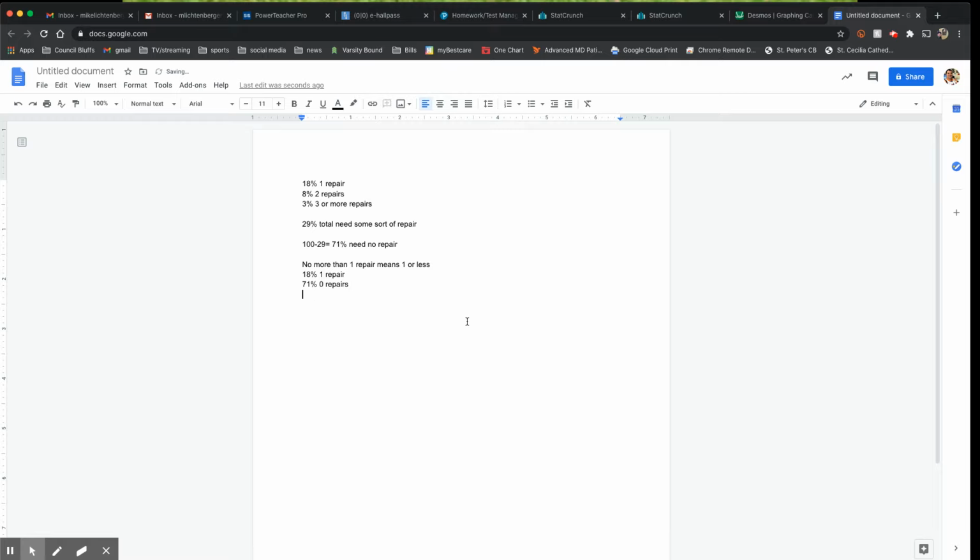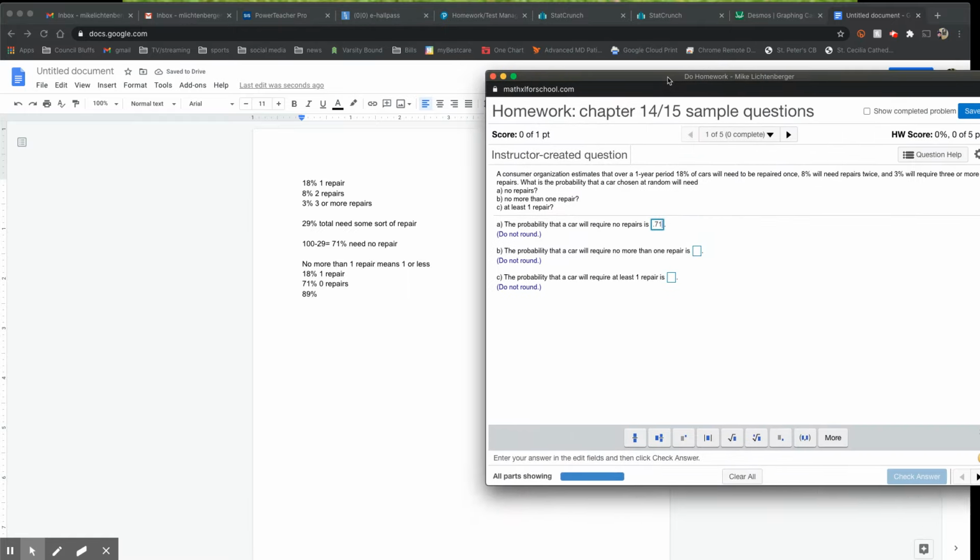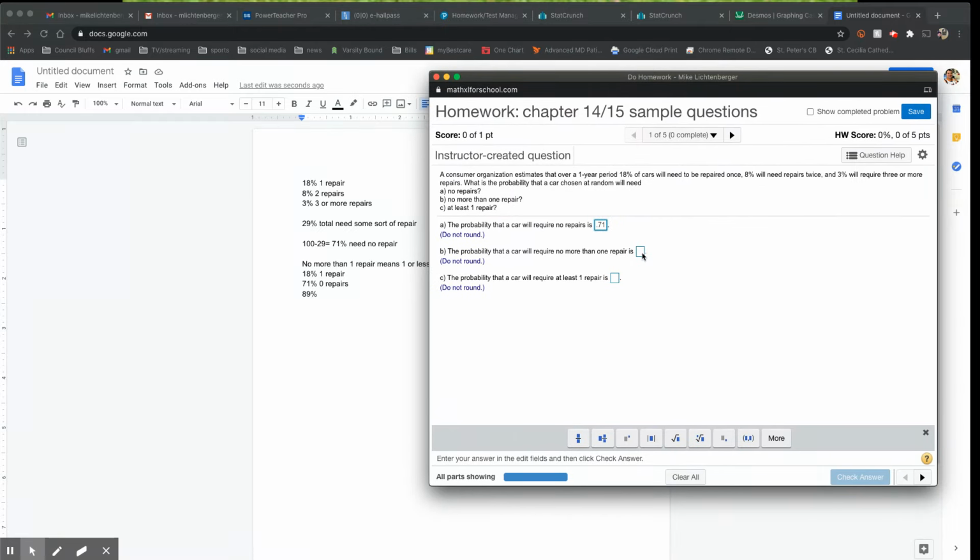So what's that total? That's going to be 71 plus 18, which is 89%. So that means 89% of cars will need either 0 or 1 repair. That is the answer for part B, 0.89.